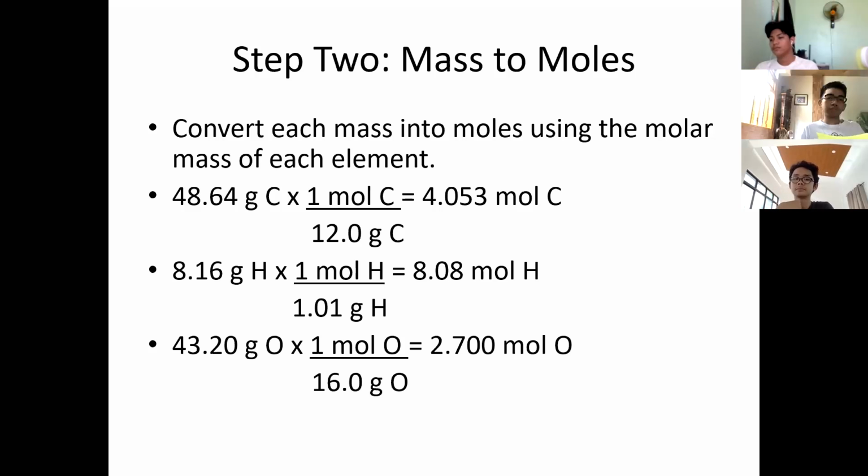The percentage composition can simply be derived from the mass. Again, it is always pegged at 100%, a 100-gram sample. But if you wish to use any other masses, that is still fine.